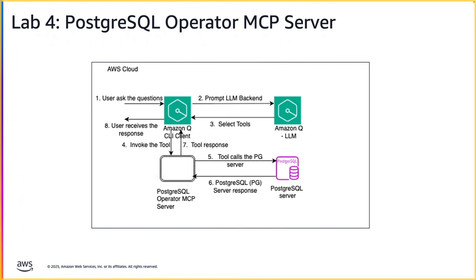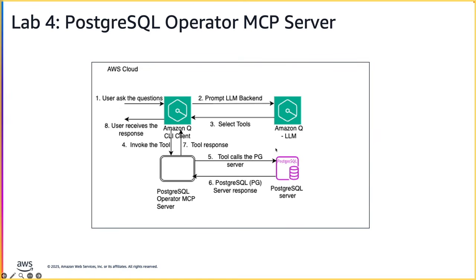Before we dive into the console, here is a visual walkthrough of how the sequence happens. The user interacts with the Q CLI client. This information is sent to the backend LLM. We will be configuring the Postgres operator MCP server, where the questions will be redirected.